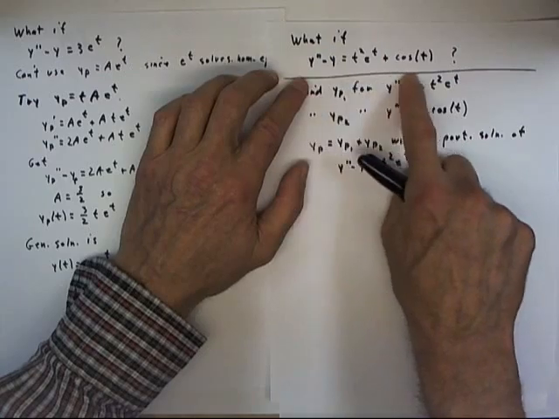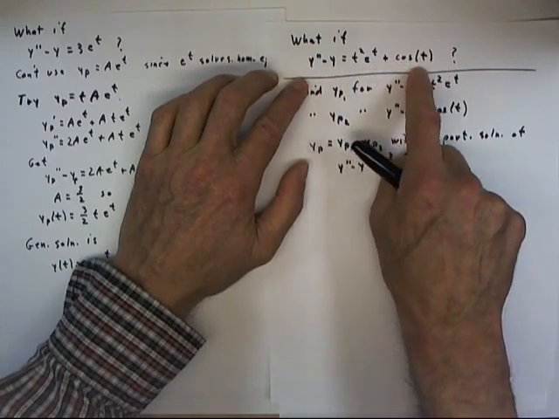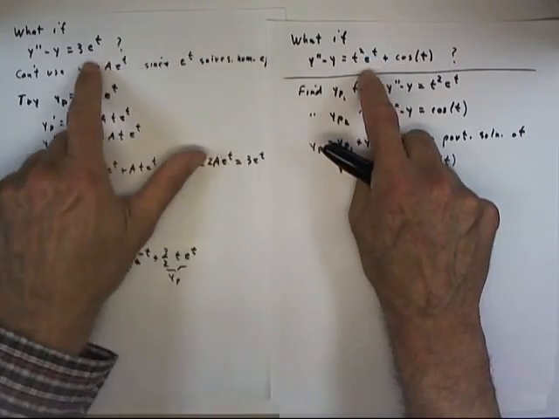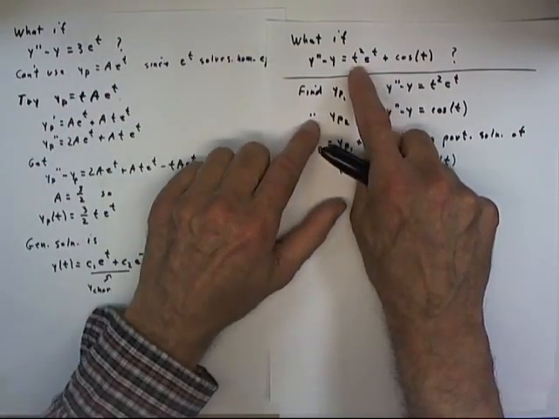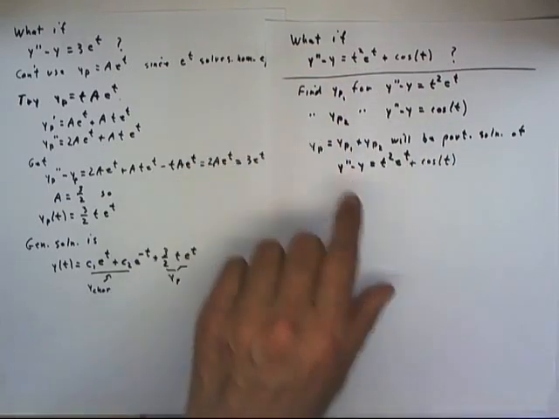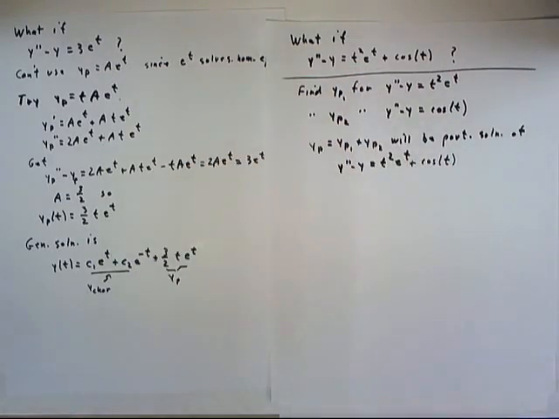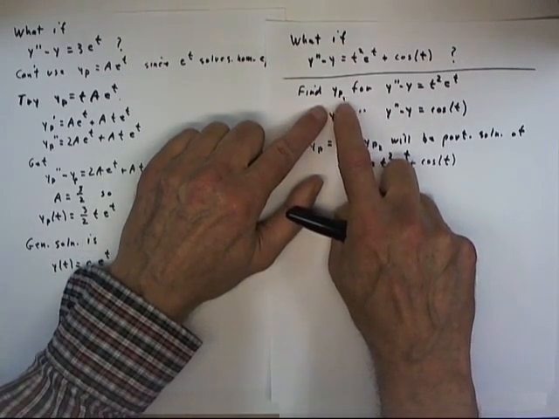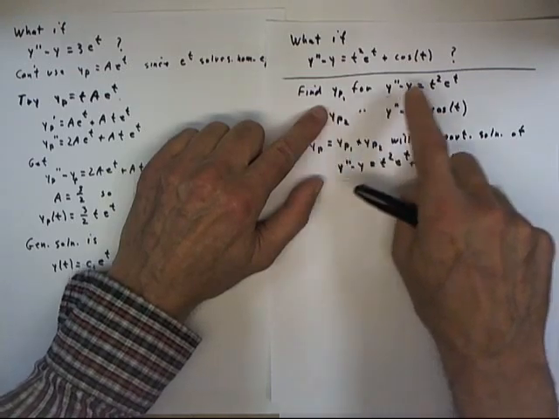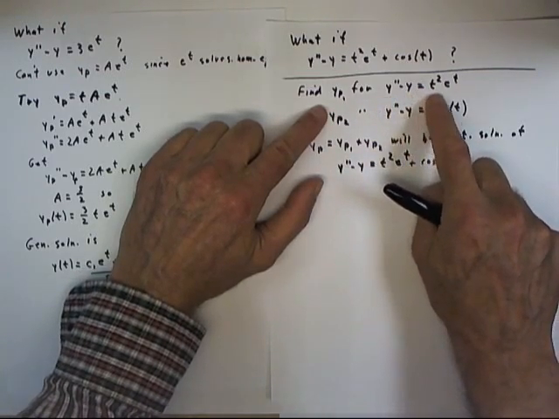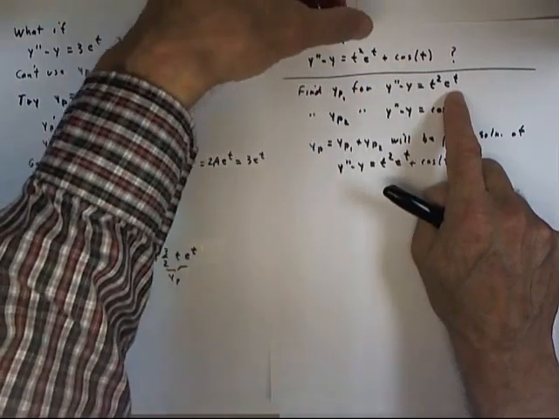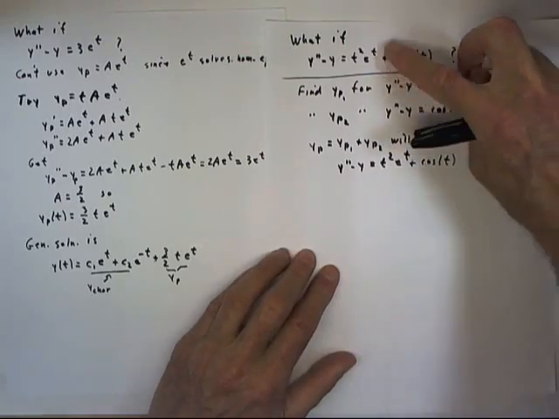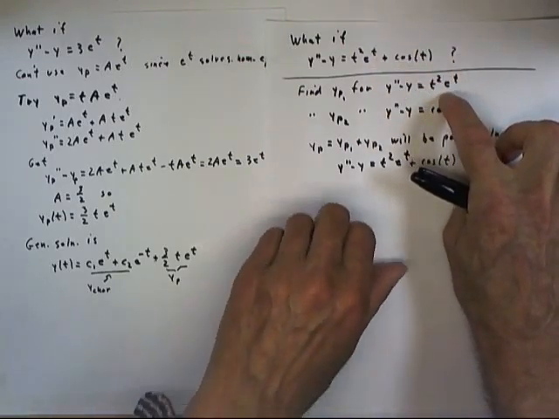Now let's consider the more complicated equation where we have two terms on the right-hand side, and instead of just a plain old e to the t on the right-hand side, we'll have a t squared e to the t. If we find a particular solution, which we'll call y sub p1, for the equation y double prime minus y equals t squared e to the t, in other words, the equation that we get if we just omit the cosine t, that might be helpful.